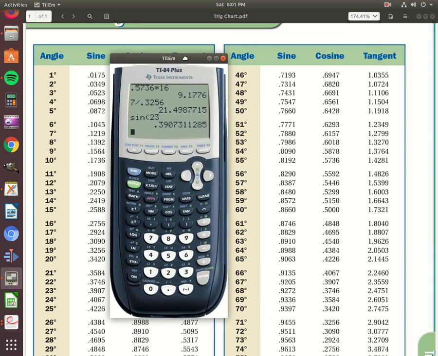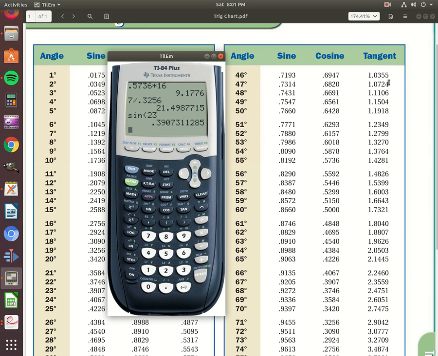So again, if I put in the tangent of 46, I expect it to put 1.035, right? So I'll put the tangent of 46. I expect it to put 1.0355. Again, if you're in radian mode, you'll get a completely different answer, and it'll be super frustrating. So I was going to show it, but I think it'll be worse if I do, so I'm not going to. The other thing I want to show you is this.